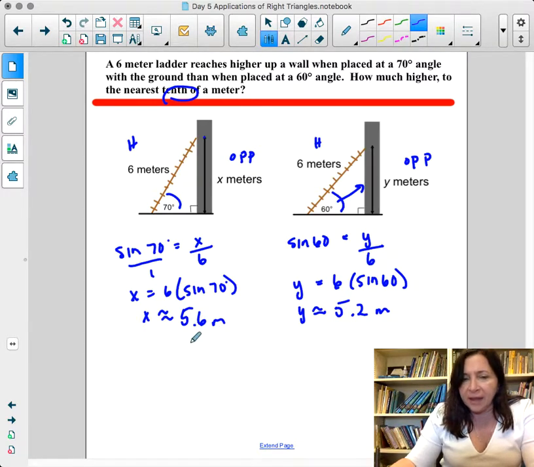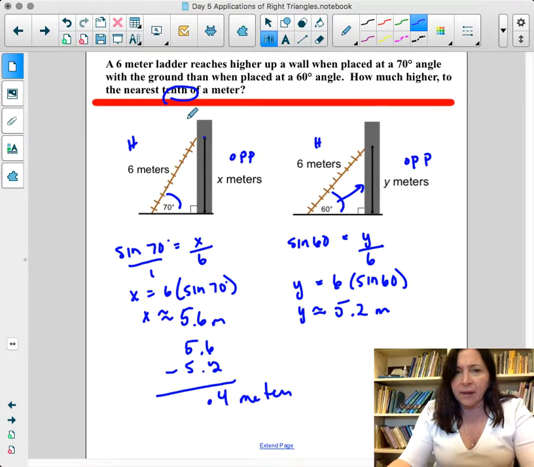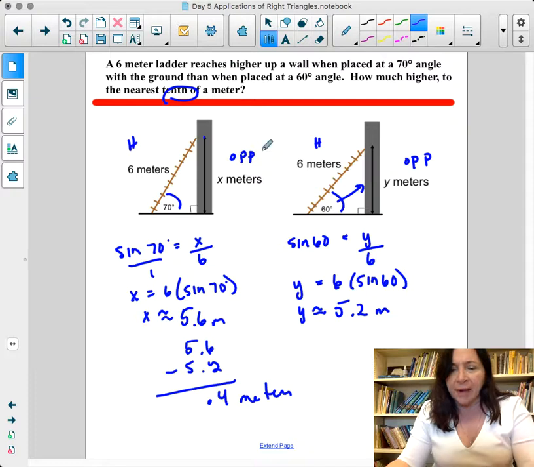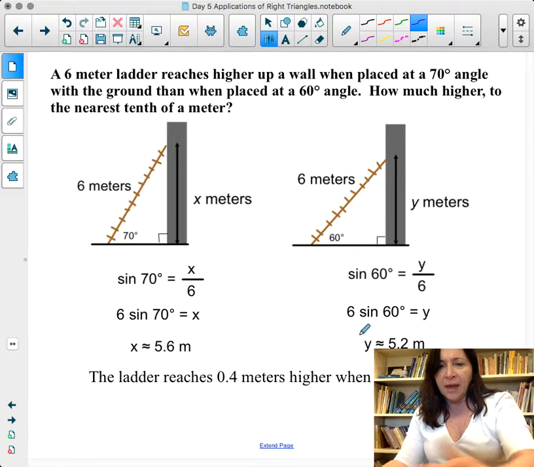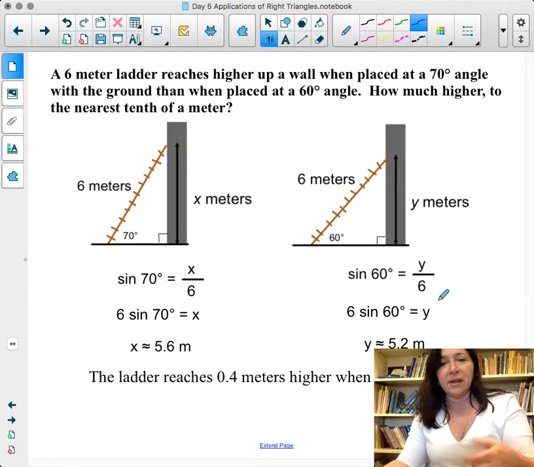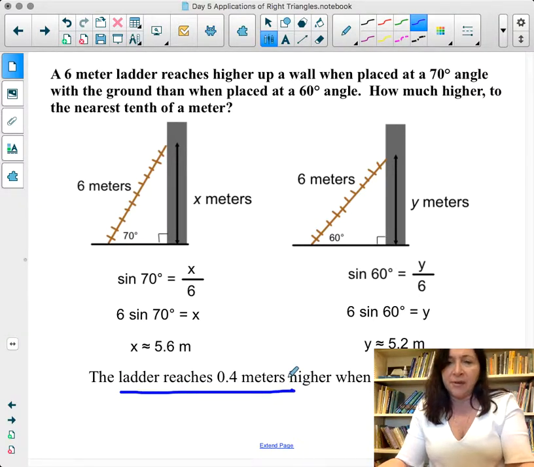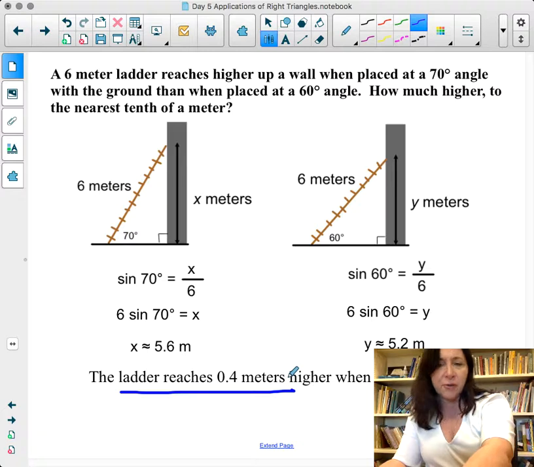We're going to take x, 5.6 minus 5.2, and that's going to be 0.4 meters. So one ladder is 0.4 meters higher than the other. The ladder reaches 0.4 meters higher when it's at a 70-degree angle.